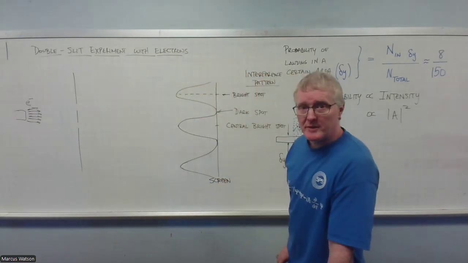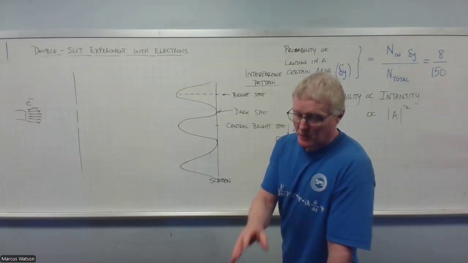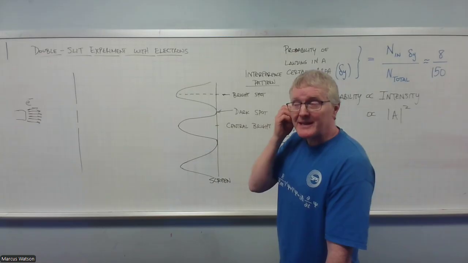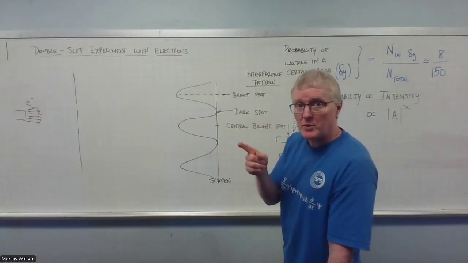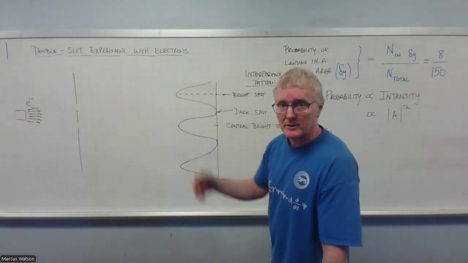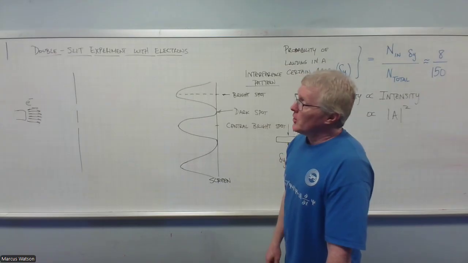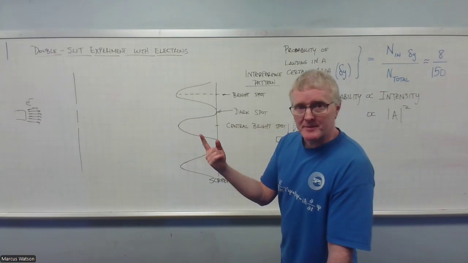Okay, what do we find when we do this? Well, from an analysis of the electrons, we know that I'm giving them momentum coming out of the emitter here. So they're coming out of the emitter. We know that they have momentum, okay?